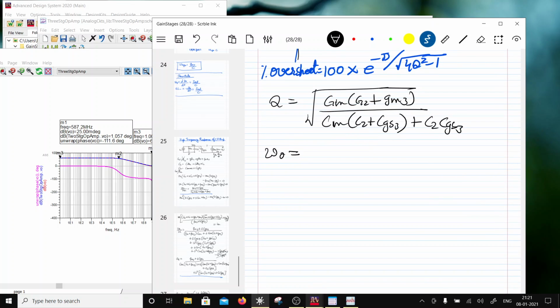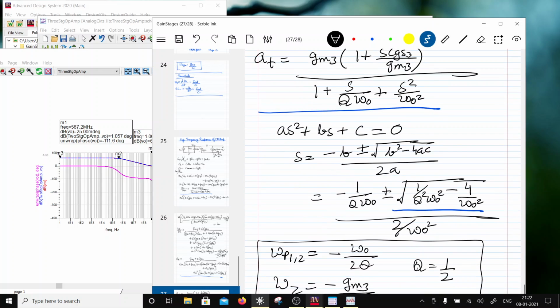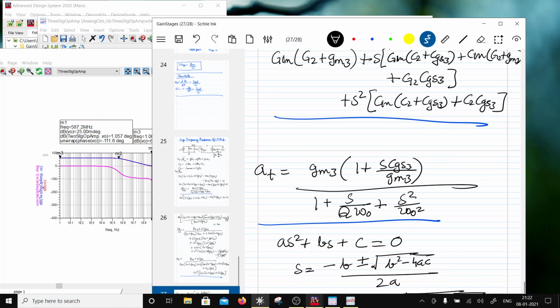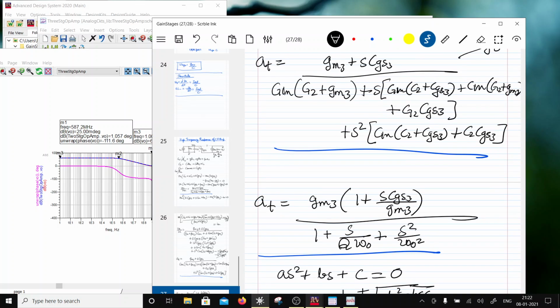Then you will have the frequency of this ringing. That frequency of ringing would be given by, this thing should be equal to the second term.